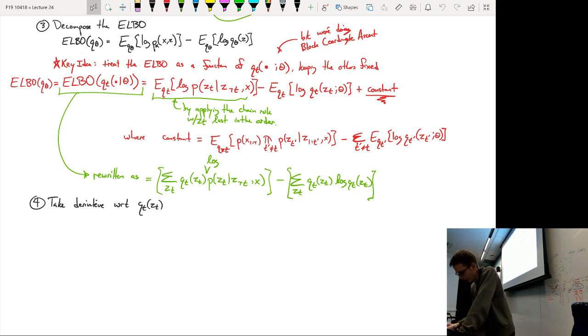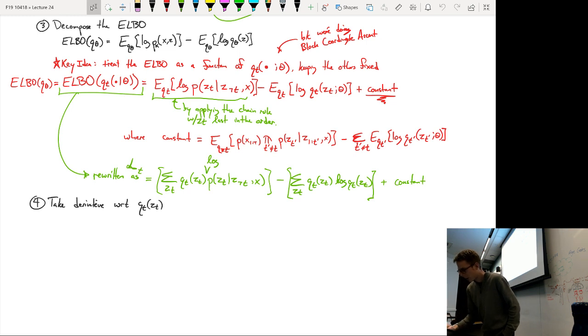So let's call this, say, L sub t. Okay, these two terms. But I guess actually we can even keep the constant around, because when we take the derivative, this constant is going to go away. Okay, so the ELBO written in terms of t is going to be L t.